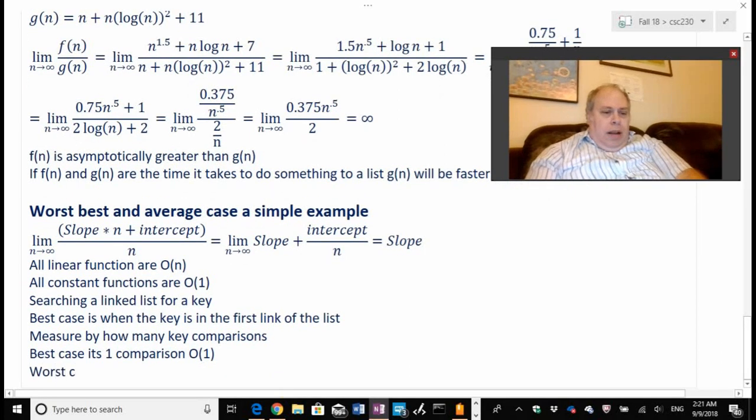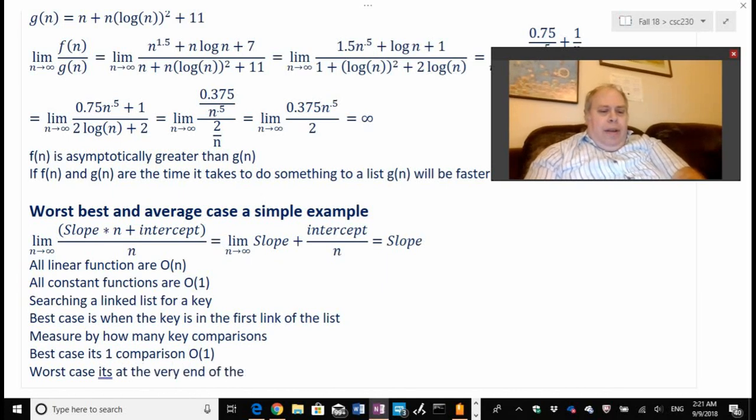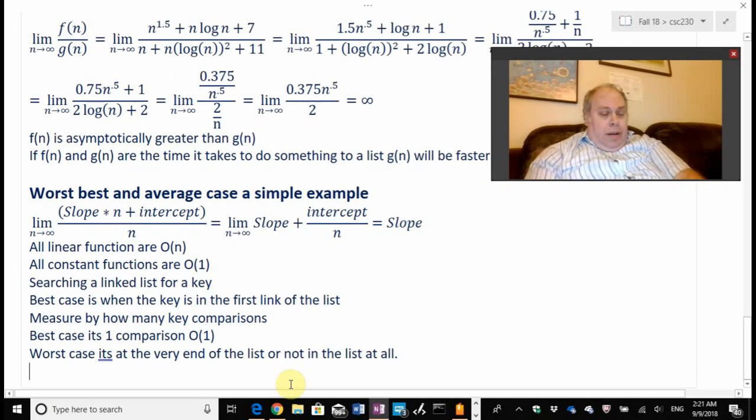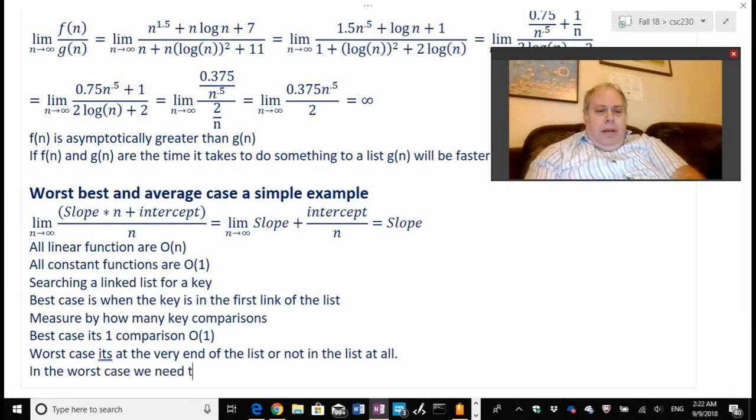Now in the worst case, how many comparisons? Well, in the worst case, it's at the very end of the list, or not in the list at all. So in the worst case, we need to look at all the keys.